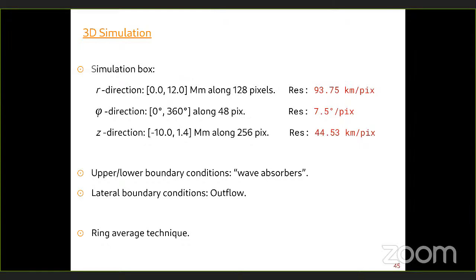This takes more time to give us images, so we use this averaging technique in which variables near the R=0 value are averaged in order to speed up calculations. Also, for the upper and lower boundary conditions, these walls provide wave absorber conditions.